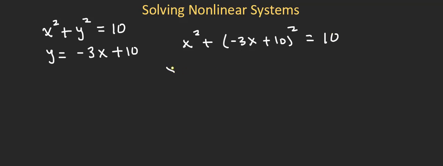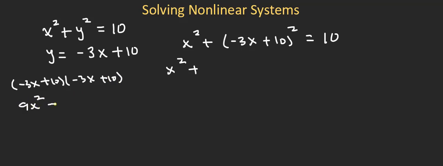So what happens over here? You get x squared plus... Now what is this? That's the same thing as negative 3x plus 10 times negative 3x plus 10, which is going to be 9x squared minus 30x minus 30x plus 100.